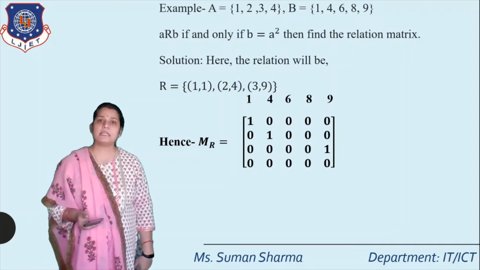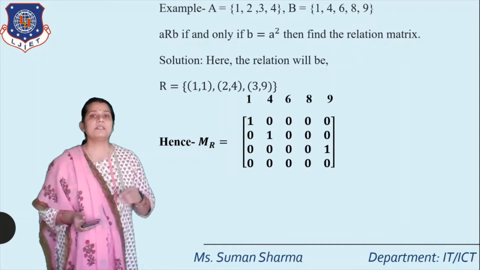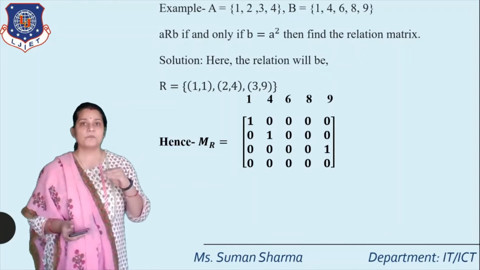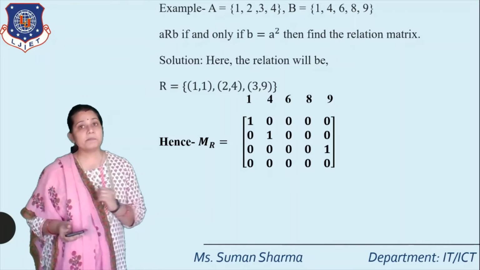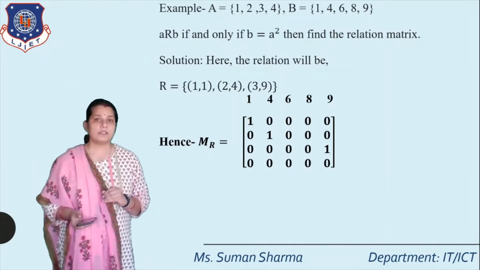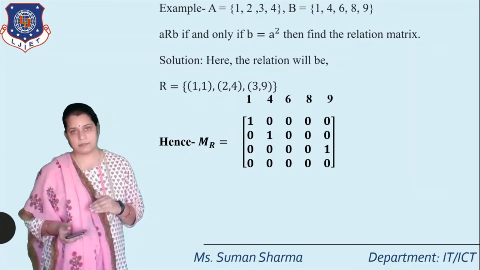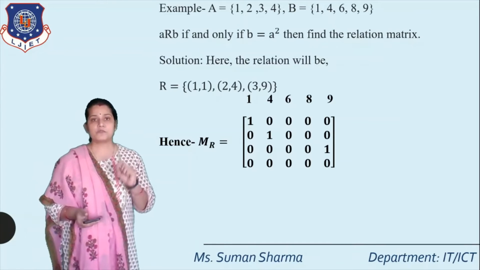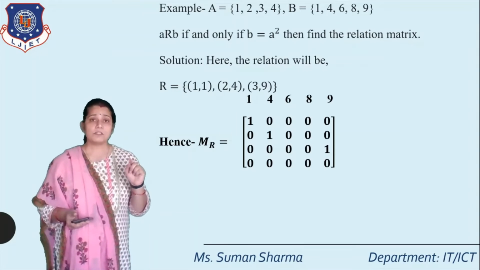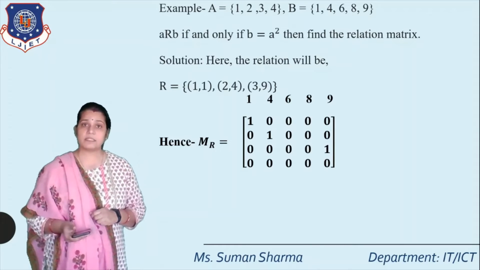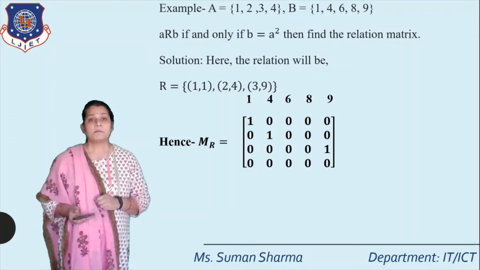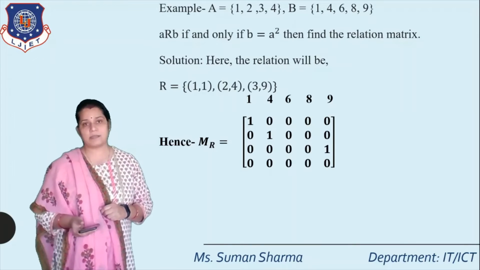So example: A is equal to 1, 2, 3, 4 and B is equal to 1, 4, 6, 8, 9. We are given here 2 sets. Okay. So A is related to B if and only if B is equal to A square. Okay.